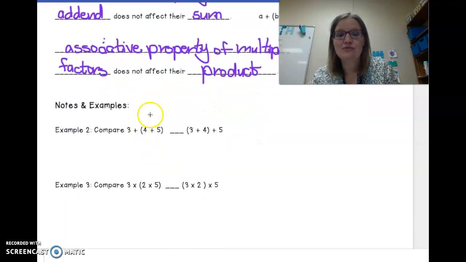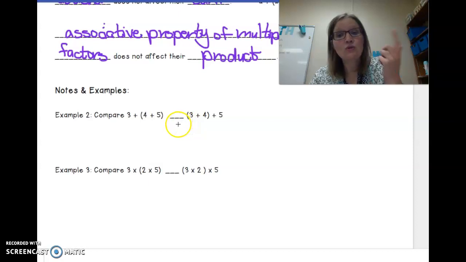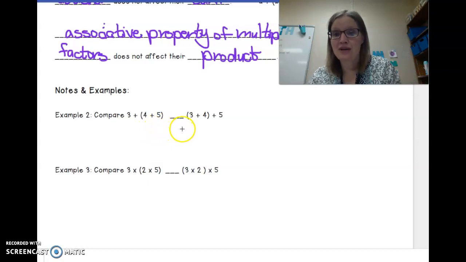So let's do a few of these together. (3 plus 4) plus 5 and 3 plus (4 plus 5). Right offhand we know this is an example of the associative property of addition, so it should be the same on both sides. But I want you to work through it and see if this really does work. We do our parentheses first.